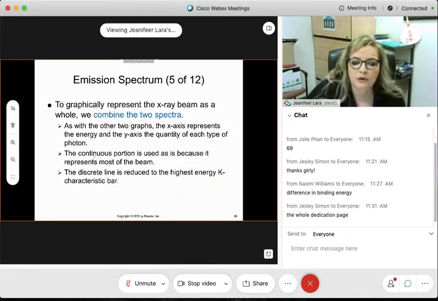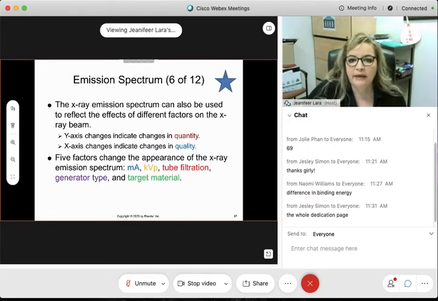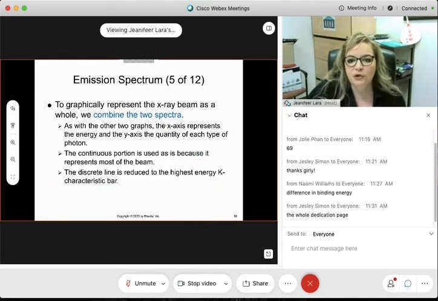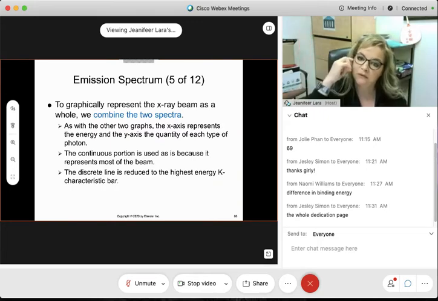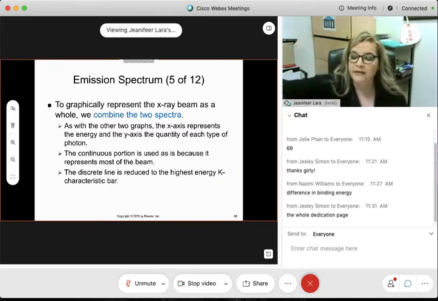The continuous portion is for brems, and the discrete is for characteristic. When we put it all together, we're basically just determining the beam quality and the beam quantity. That's all that is.